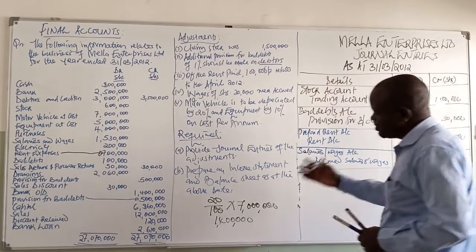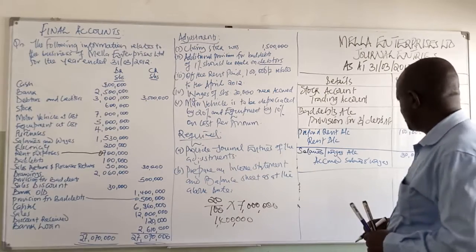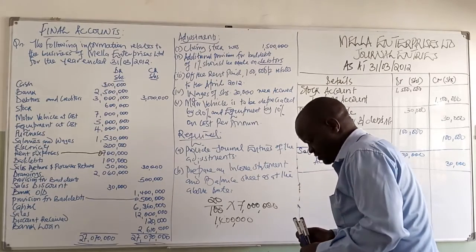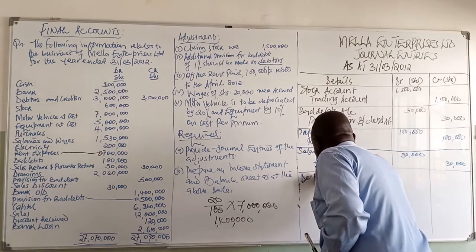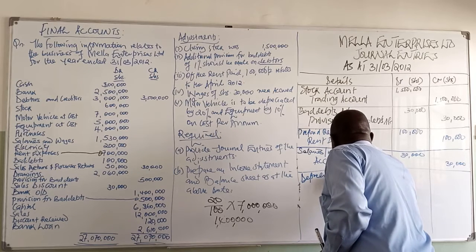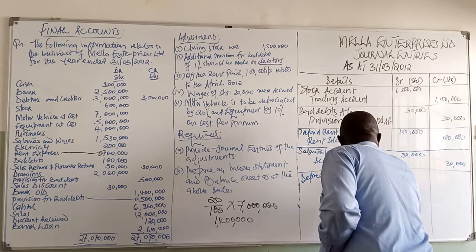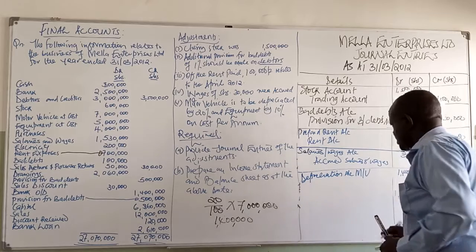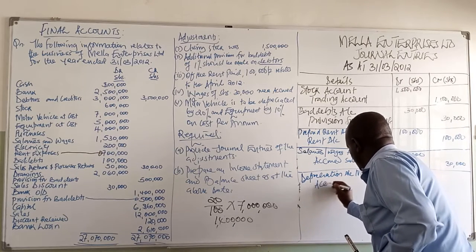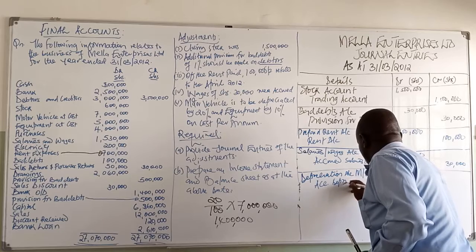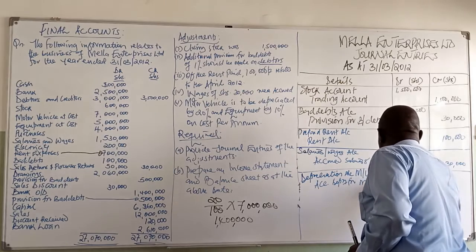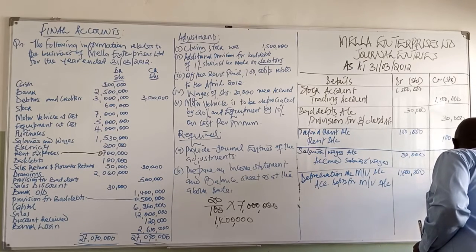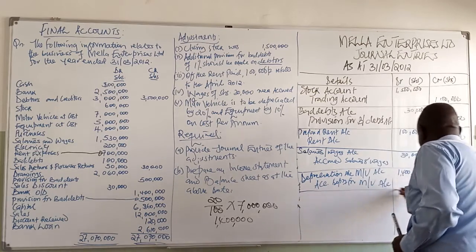Because depreciation here is an expense, so we are going to say depreciation account of the motor vehicle or motor van, 1,400,000, and then we come here and say accumulated depreciation for motor vehicle account, which is 1,400,000. You close that.